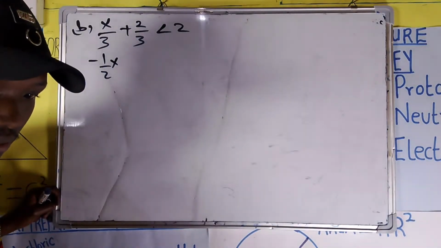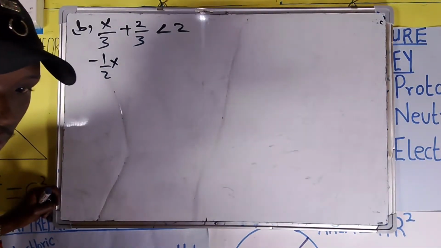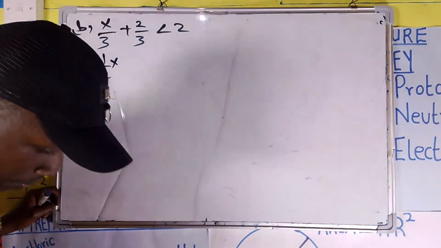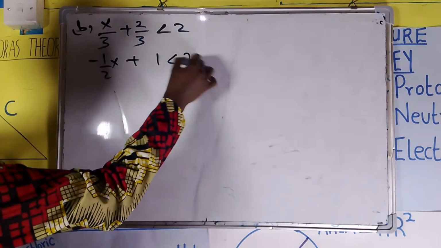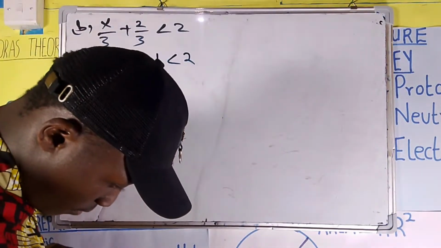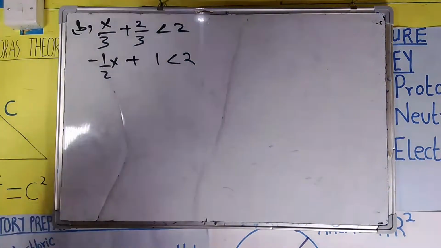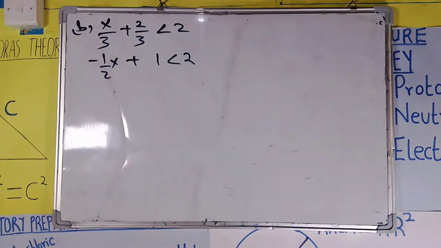Negative half x plus 1 is less than 2. So we have such. We can do that one.